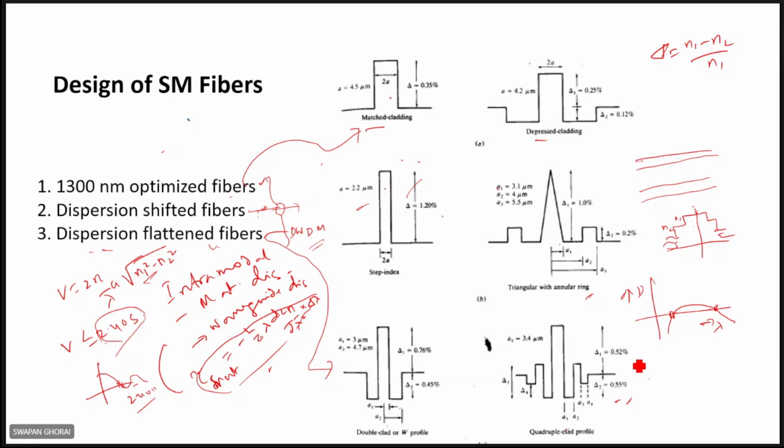So by properly varying the refractive index profiles, you can design 1300 nanometer optimized fibers, dispersion shifted fibers, or dispersion flattened fibers. Right.